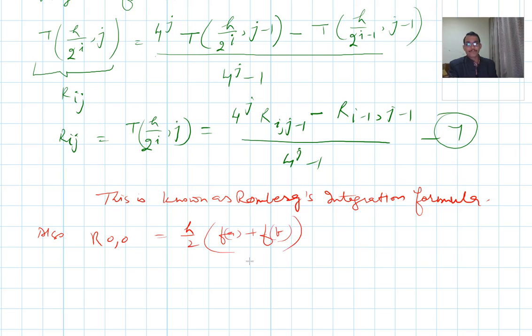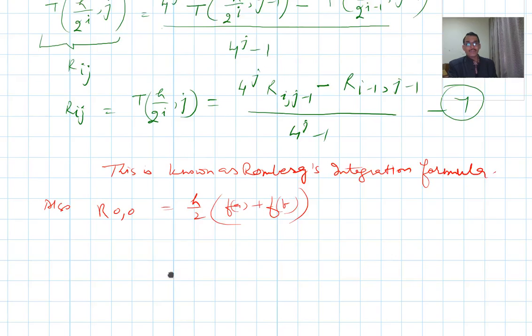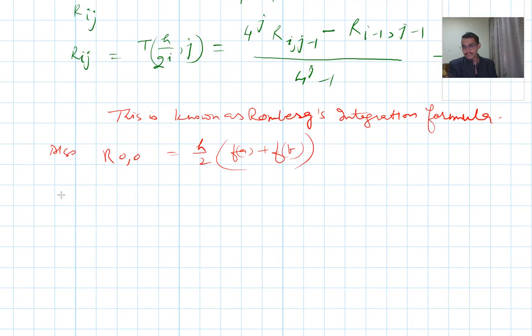Also we know that R00 is equal to h by 2 times f of a plus f of b, and using this we can directly write down Ri0. I am not going to derive it.